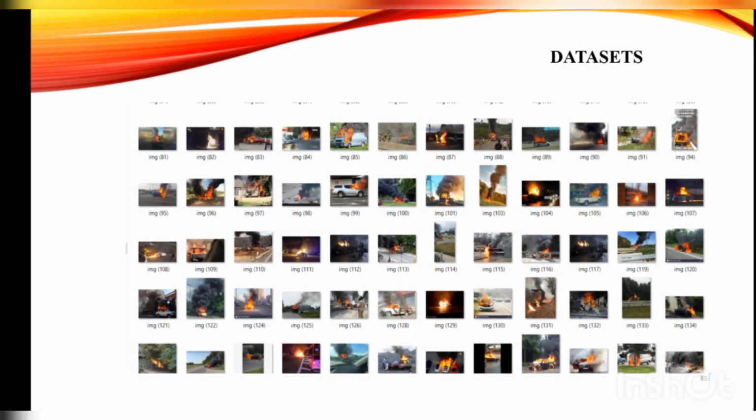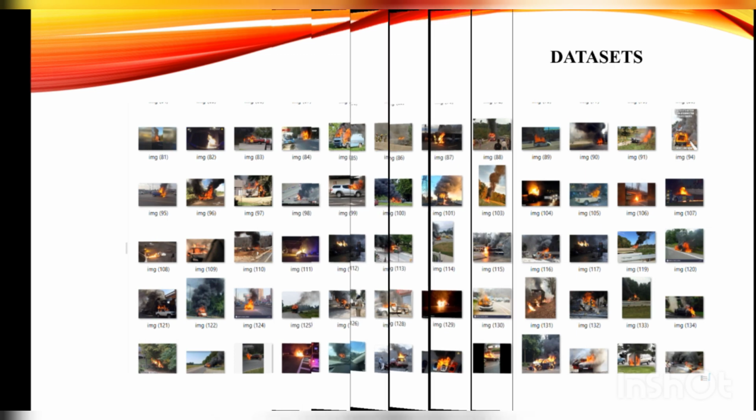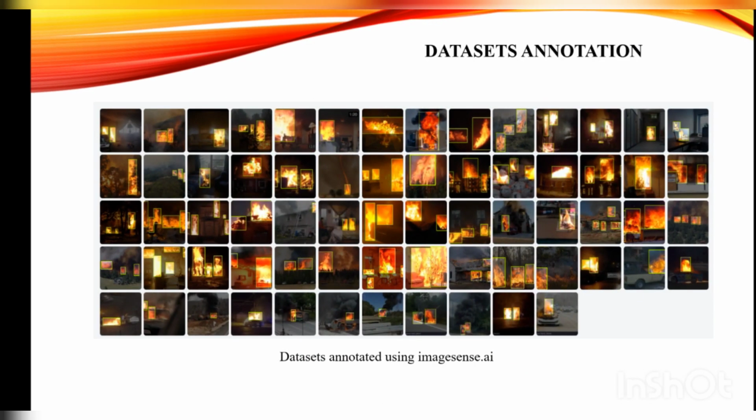Next, the data sets have been collected for training. There are various types of fire data, and these fires are annotated using ImageSense.ai. Here are samples of some annotated images, and these annotated images are in the YOLO format because we are going to train with the YOLO v4 architecture.